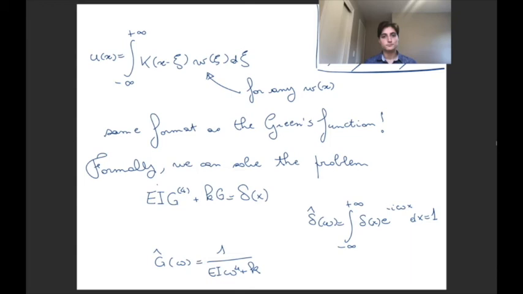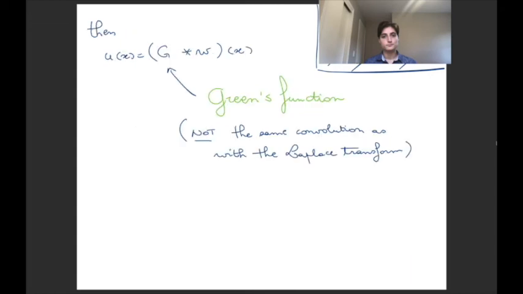We can apply the Fourier transform on delta. Notice that the Fourier transform of delta is 1, so we retrieve g hat, the Fourier transform of the Green's function, as 1 over omega^4 plus k, and then we come back.